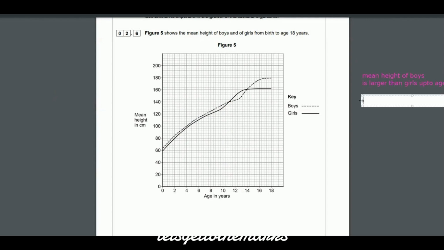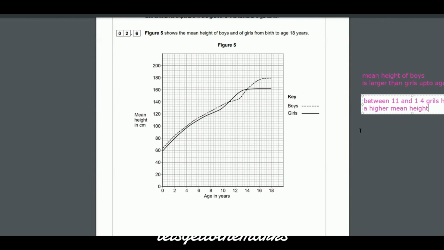I could also say the opposite. The mean height of girls is lower than boys up to the age of 11. And then between 11 and 14, girls have a higher mean height.